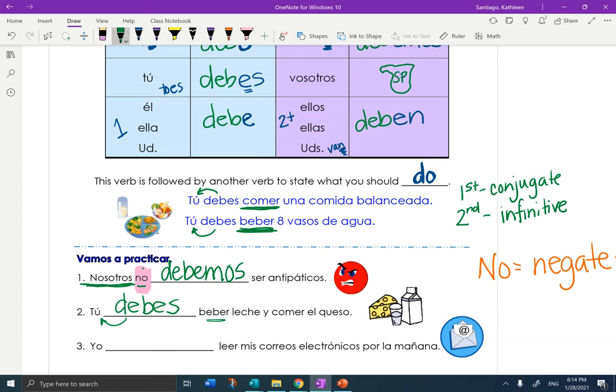Second verb in the infinitive. What's the suggestion or healthy advice? You should, like a baby, beber, to drink, leche, y comer queso. Muy bien.